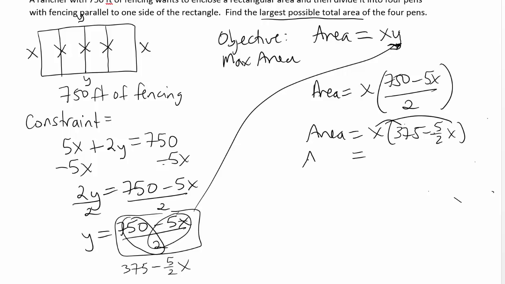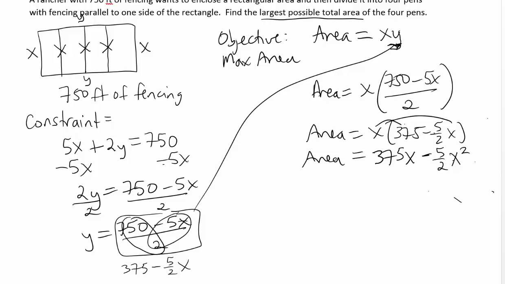And so I can think of my area as being 375 times x minus 5 halves, and x times x becomes x squared. So here's my new area function just in terms of x's. That's the thing that you want to get to. And you're only going to be able to get to that if you use your constraint to eliminate one of the variables.